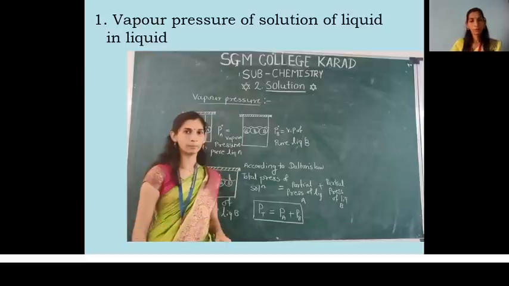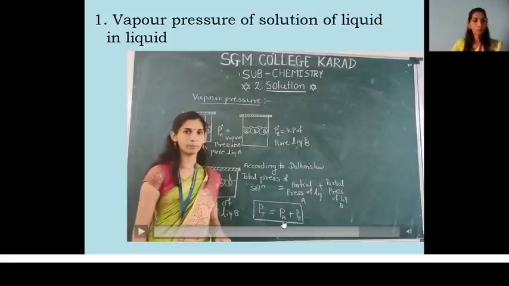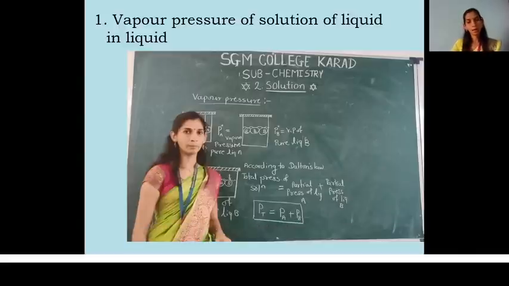In our textbook, here the total pressure of that solution is PT is equal to P1 plus P2. That means here for our understanding we take liquid A and liquid B, but in our textbook there is a P1 and a P2 for volatile solutions A1 and A2.